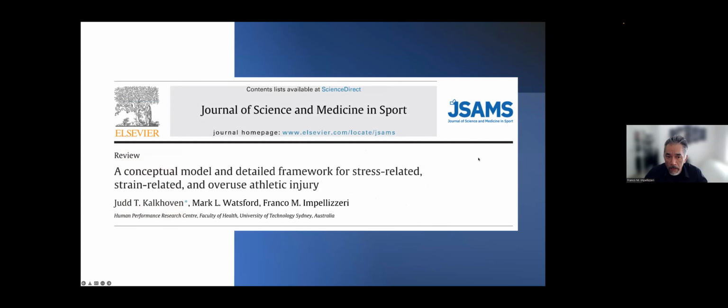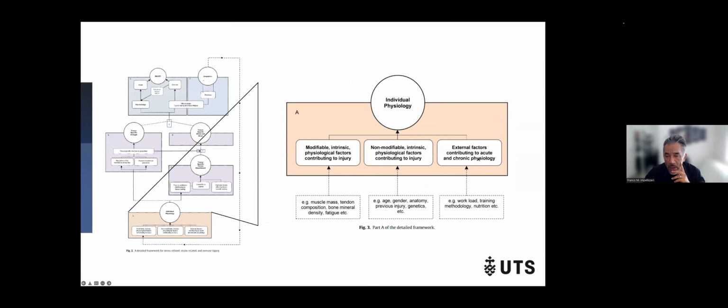I showed you this framework at the beginning, and I'm showing it as an example of why we need a framework. We wrote this paper during the debate about the hypothesized causal association between training load and injury.